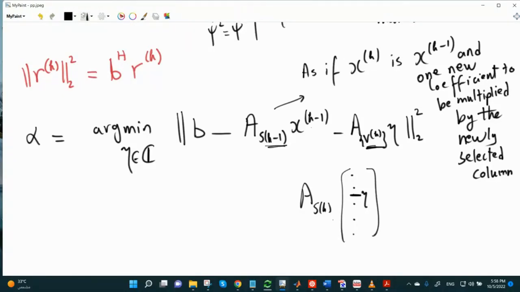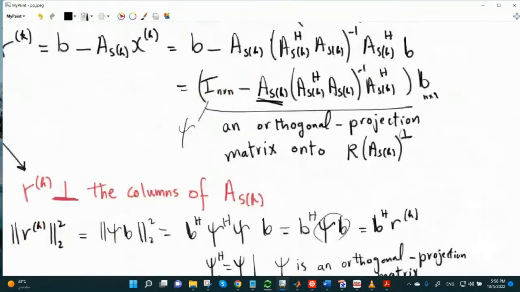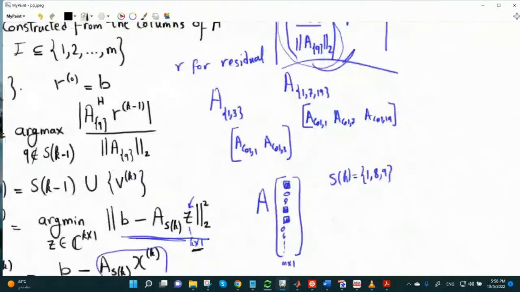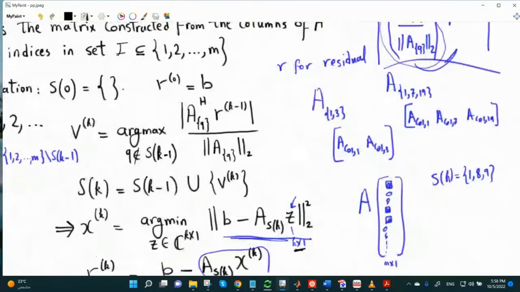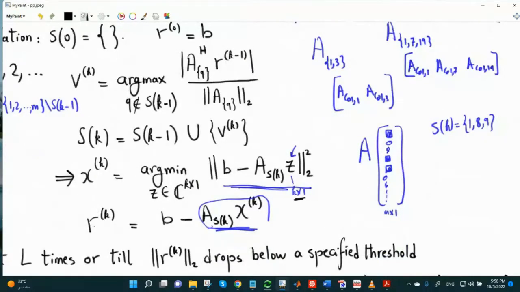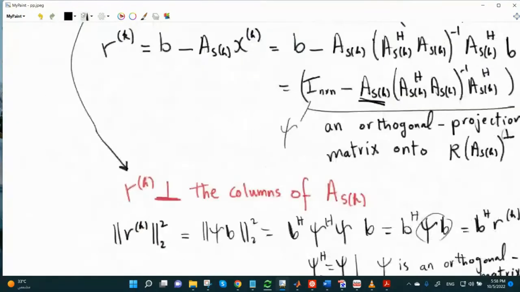So this is worse than what we are doing in the orthogonal matching pursuit algorithm, because there we want to crush the residual vector as much as we can by minimizing over the k elements of vector z, which are the k coefficients that multiply k vectors in matrix A to generate an approximation for vector b.